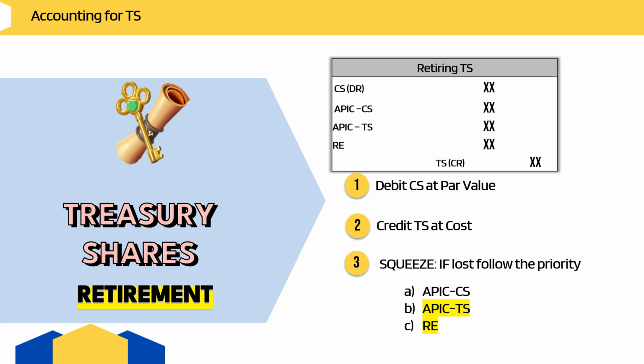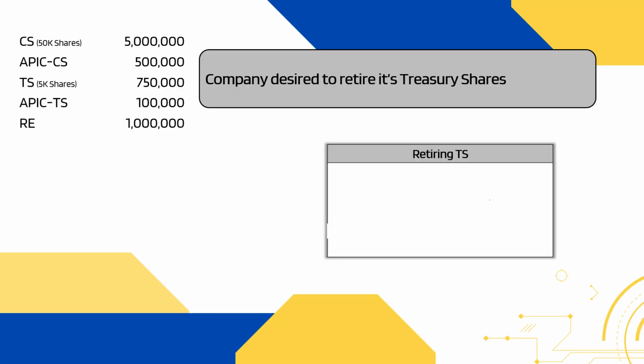So, again, in an example, it will look like this. So, the idea here is that meron kang capital stock at 5 million worth 50,000 shares. Nung in-issue mo siya, meron kang share premium of 500,000. And then, may 5,000 shares ka of treasury shares that you were able to buy at 750,000, so this is at cost.